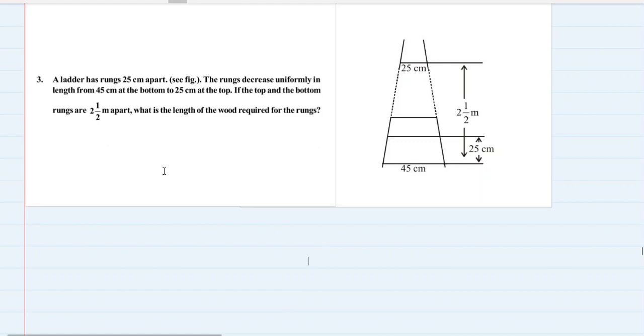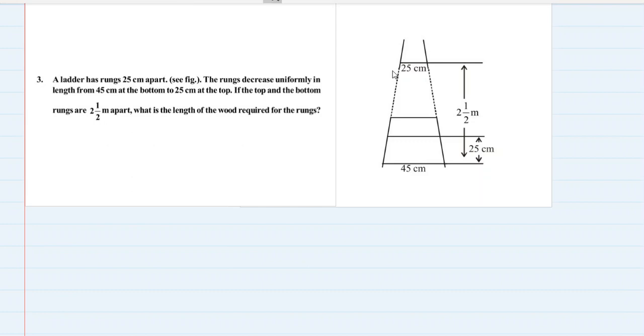A ladder has rungs 25 centimeters apart. Rungs are those steps of the ladder. So each rung is 25 centimeters away from the subsequent rung. The rungs decrease uniformly in length from 45 centimeters at the bottom to 25 centimeters at the top.